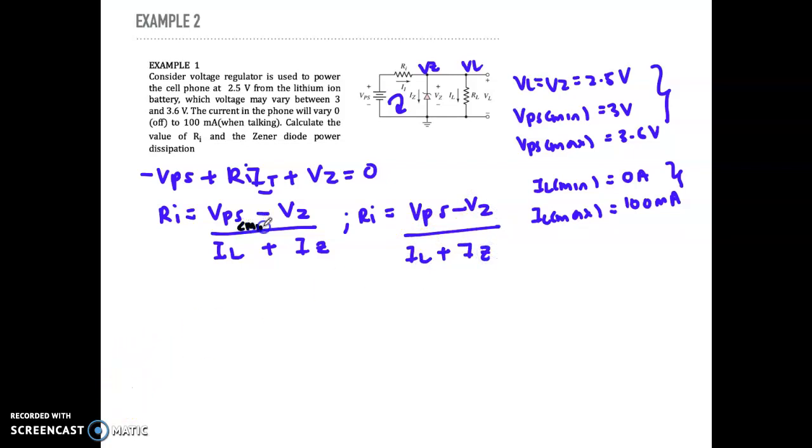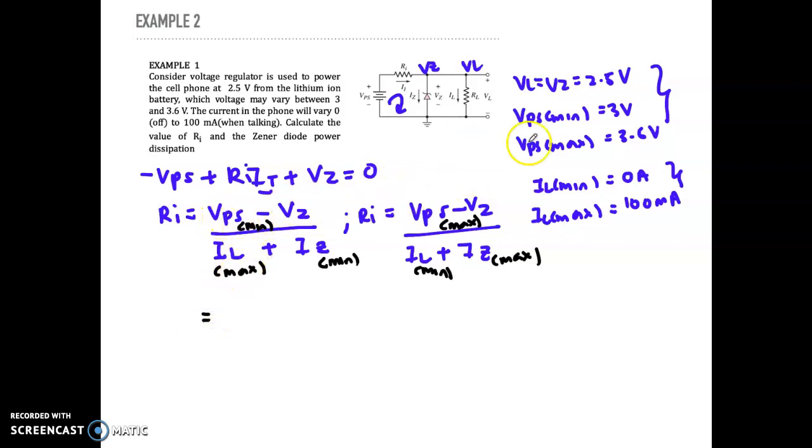So when VPS is minimum, your IZ will follow, right? It becomes minimum, and your IL will become maximum. When your VPS is maximum, your IZ will be maximum and IL will be minimum. Okay, now let's substitute all the values.